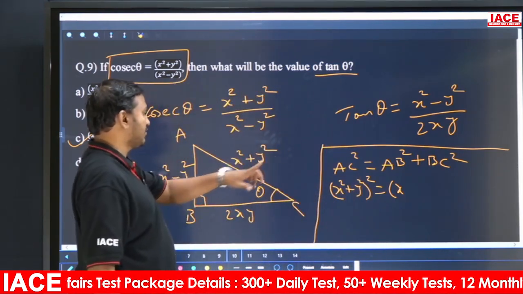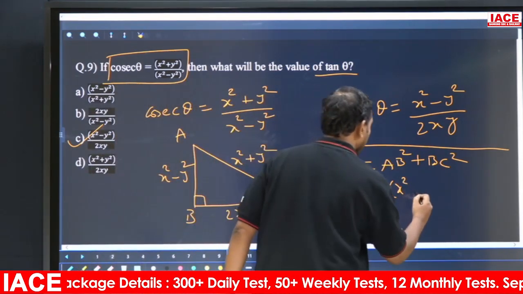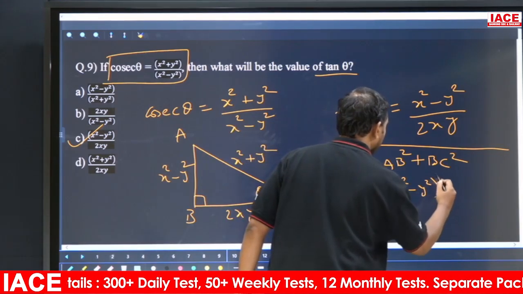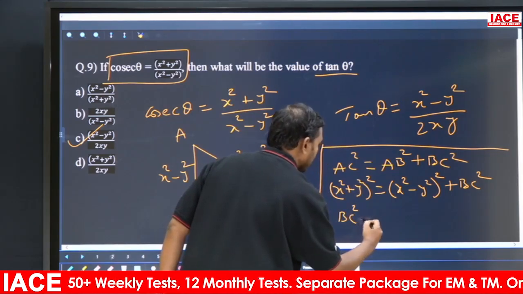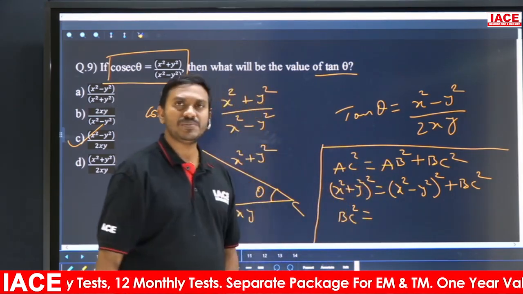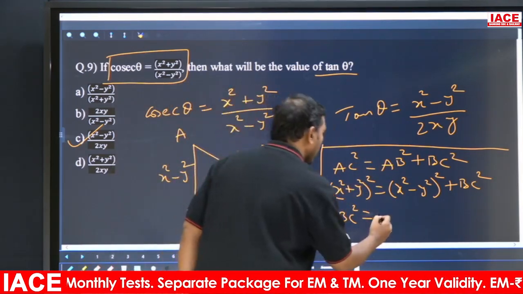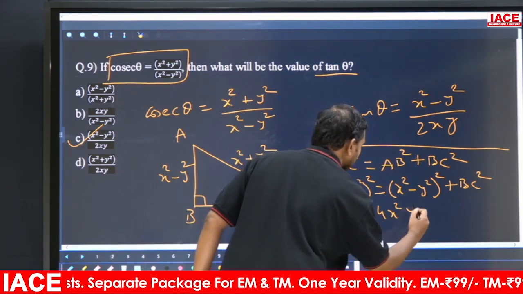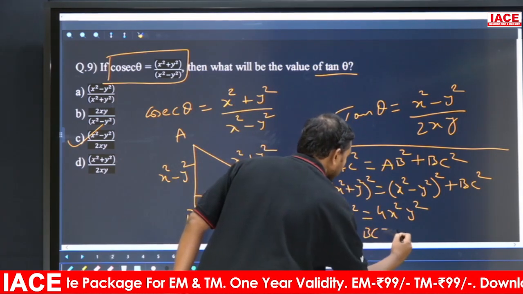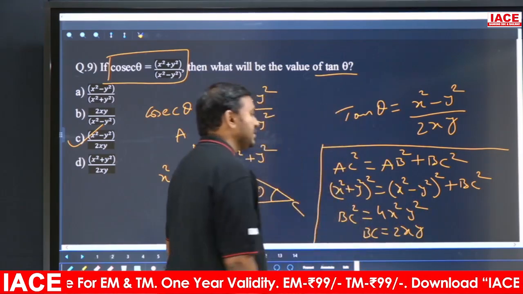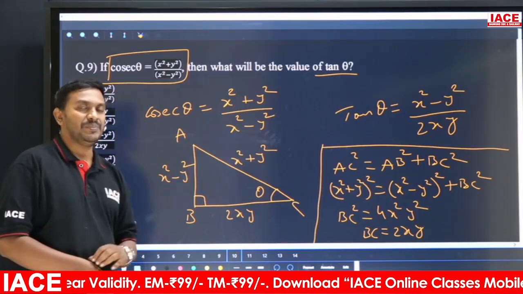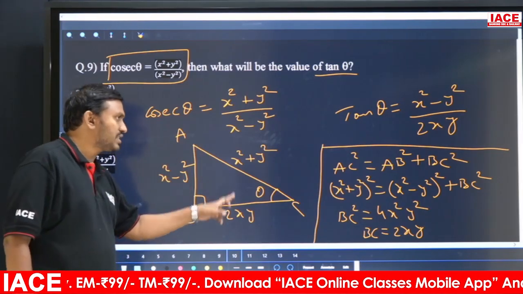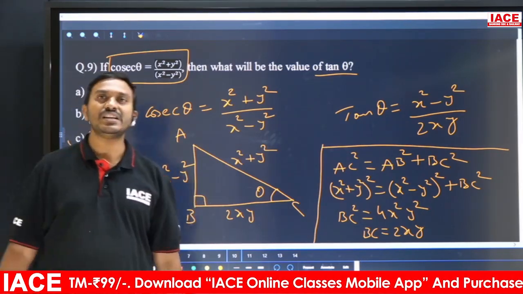X square plus y square whole square equal to x square minus y square whole square plus BC square. So what is BC square? BC square equal to A plus B whole square minus A minus B whole square, which is 4AB. That is 4x square y square. That means BC is 2xy. The same comes out. So no need, actually, it's a combination. X square minus y square, 2xy, and x square plus y square is a combination.